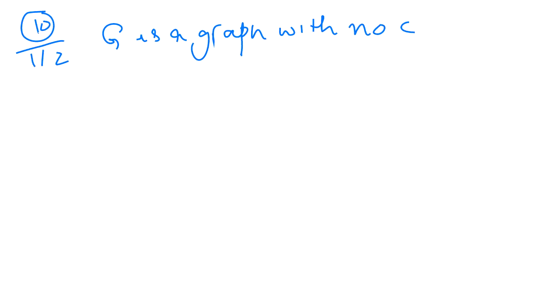So since G is a graph with no cut vertex, it'll react a little bit slow, so you might see it after a while. So G has no bridges.